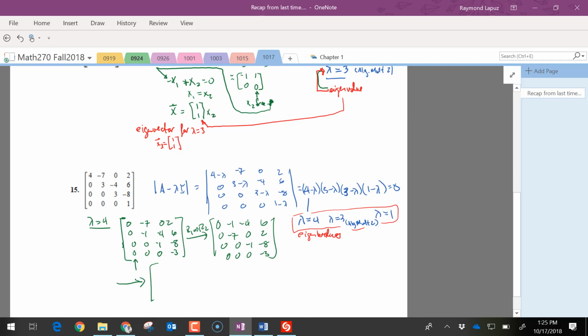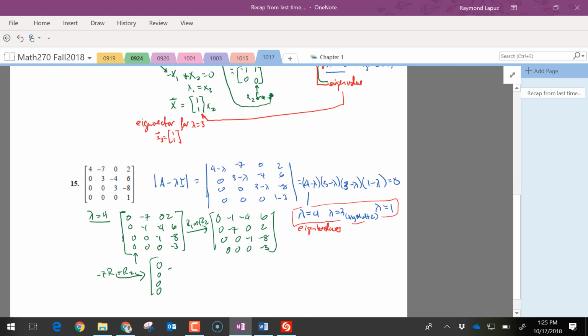And then multiply the first row by 7 and add it to the second row. Negative 7, yeah, so that would make it positive 7, and that would cancel. So negative 28.